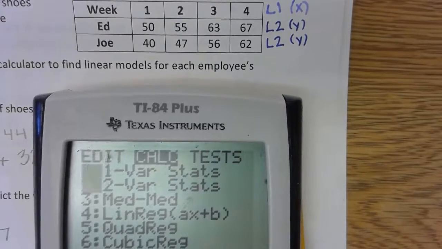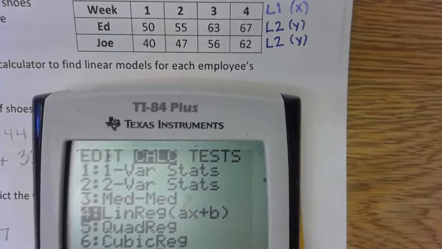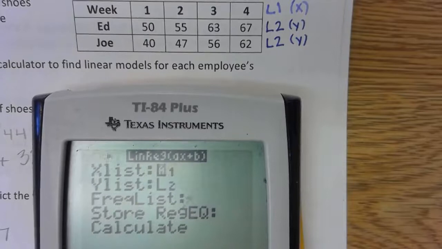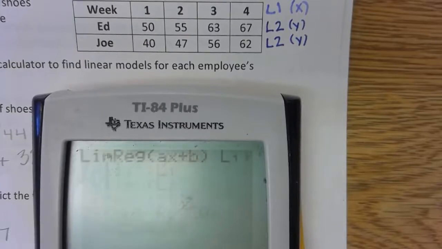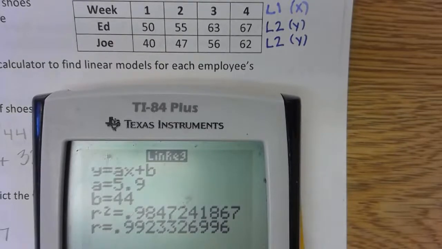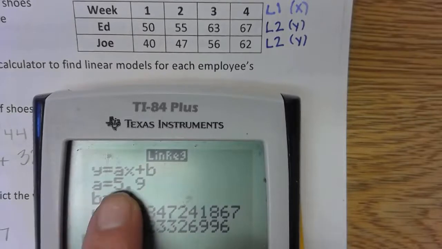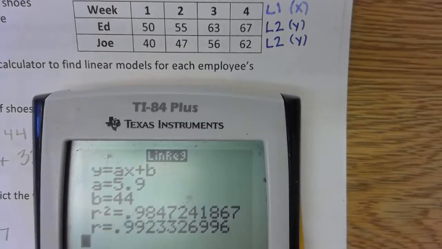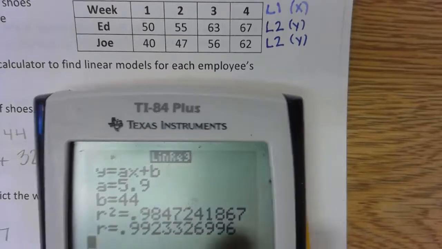Go over to Calculate, go down to option 4, and hit Enter, so that it gives me my A value, which is my slope, and my B value, which is my y-intercept. So that gives me the equation of Ed's line.